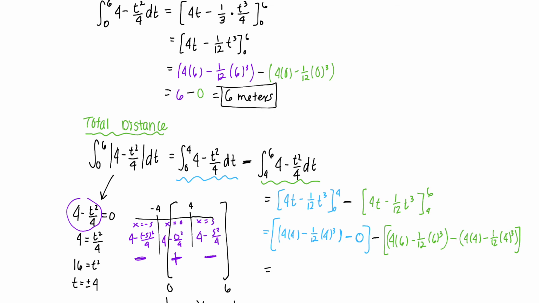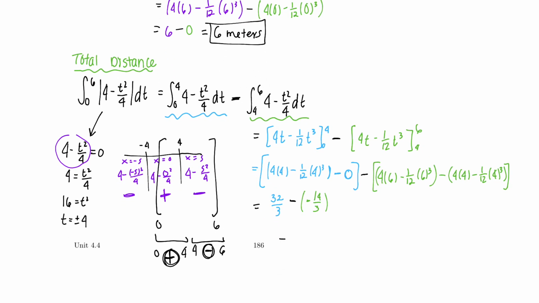So I think this one comes out to be, if I'm correct, 32 over 3. And the second one, altogether, once you do all of the math, comes out to negative 14 over 3, giving you a grand total of 46 over 3 meters.